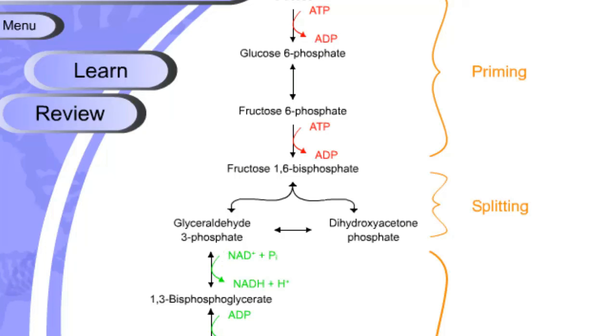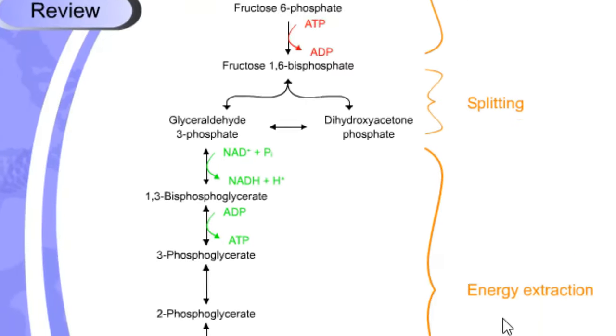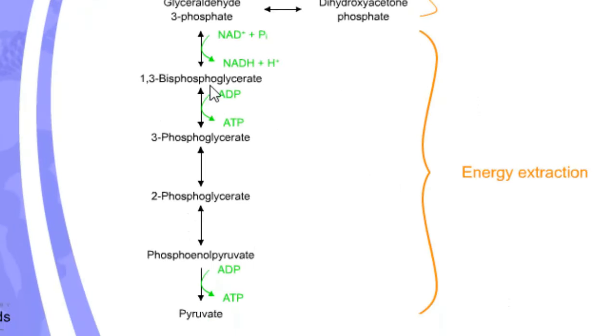After that comes the third step, known as the energy extraction step. In this step, the energy of the sugar is harvested in the form of ATP and NADH. Both of these molecules, NADH and ATP, are energetic molecules, and 2 molecules of ATP and 1 molecule of NADH are generated from each of those 3-carbon molecules that were generated earlier.